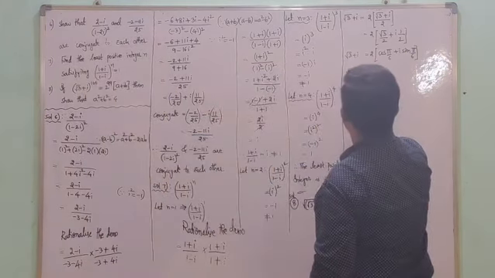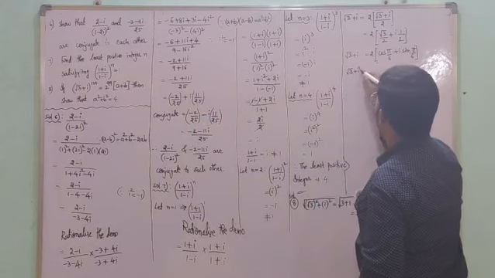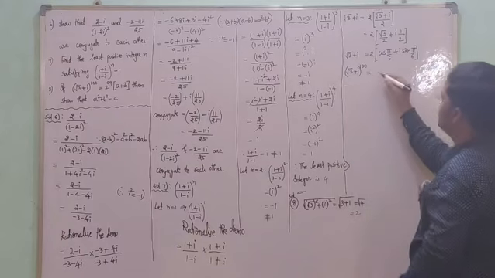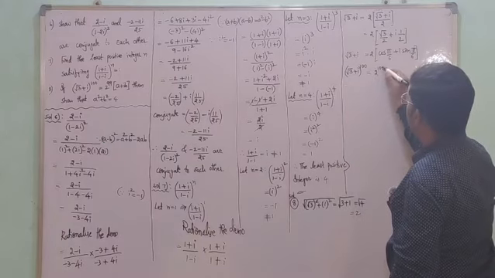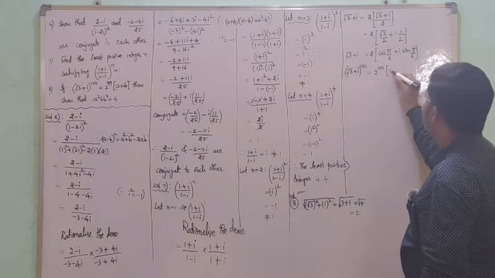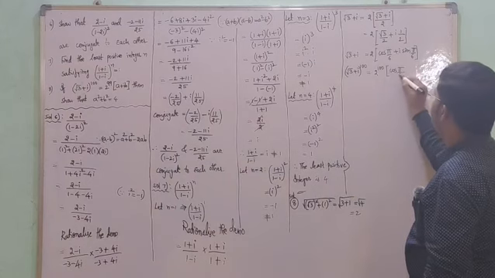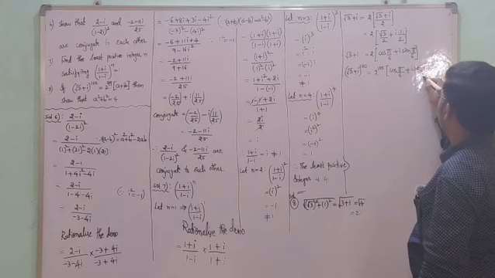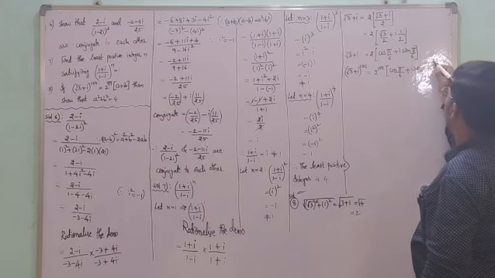Okay, (√3 + i) to the power 100, left side power 100, right side also power 100, means 2 power 100, and (cos π/6 + i sin π/6) also power 100. Okay, completed.